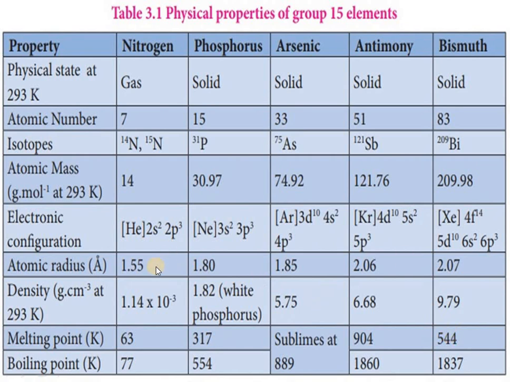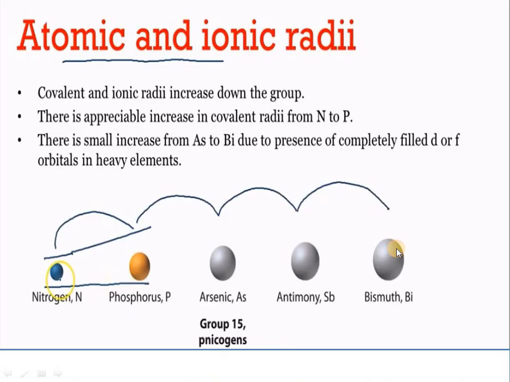Let us see the atomic radius. Atomic radius increases down the group. Similarly, the density we have discussed already, it increases, melting point also increases, but there are certain changes in bismuth. Now atomic and ionic radii: atomic means N, ionic means N3-. Atomic and ionic radii increase down the group.